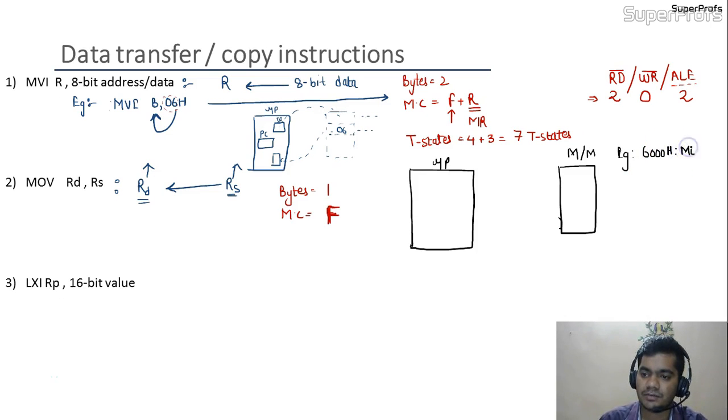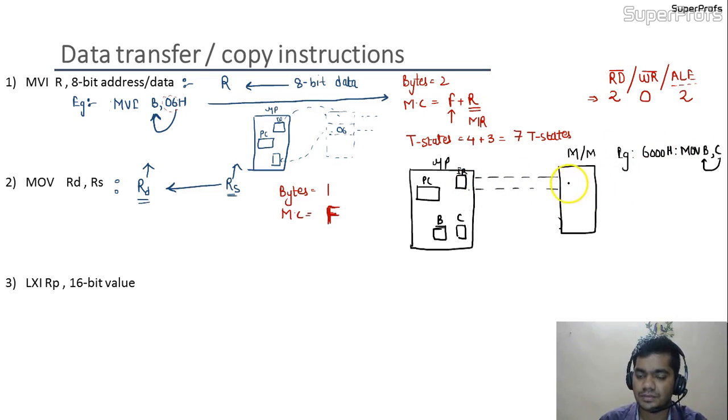We have an instruction MOV B, C, that is, the data present in the C register should be transferred to B. These registers are present in the microprocessor only. This is the microprocessor, this would be the program counter, this would be the instruction register, and this would be the interfacing between them. Suppose the opcode is present at memory address 6000H, and we are assuming the mnemonic for move is XX.